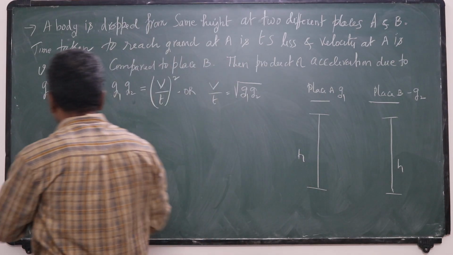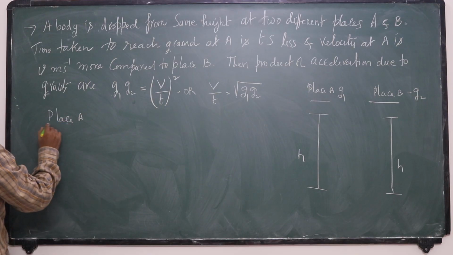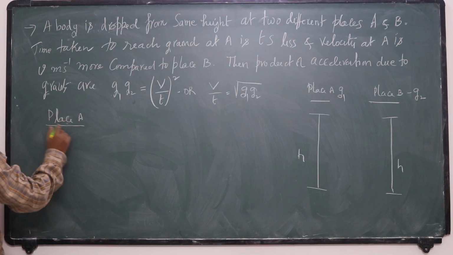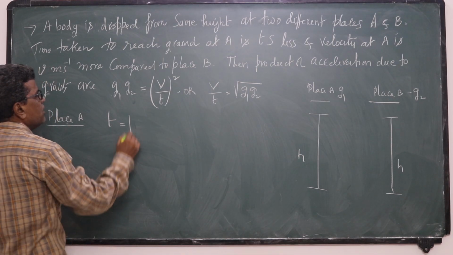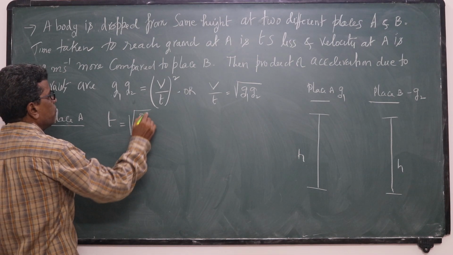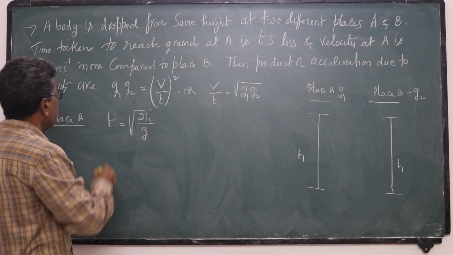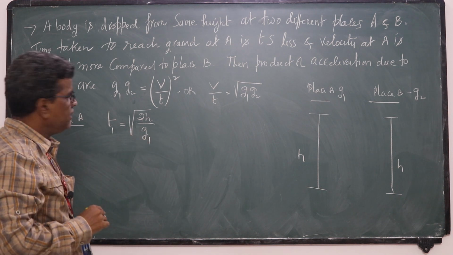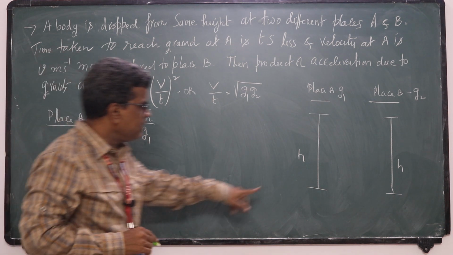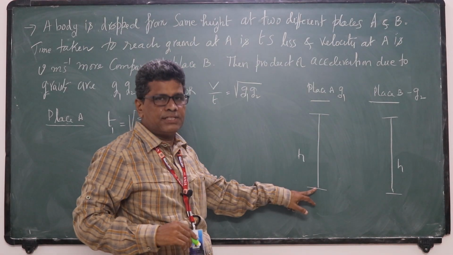So time taken to reach ground is given by the formula square root of 2h by g. Okay, so that time I take it as t1. So their acceleration due to gravity is g1. Height is h. So this is the formula for time of descent.